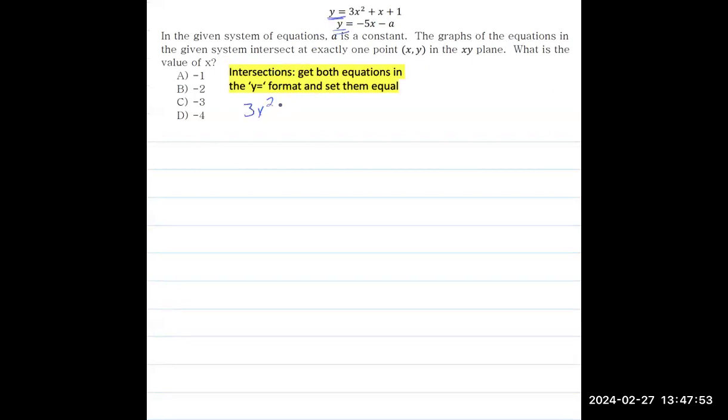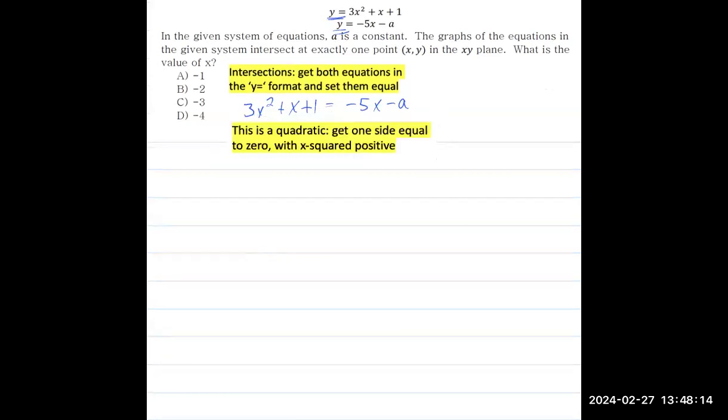So 3x squared plus x plus 1 equals negative 5x minus a. So now we've set them equal, and we're in a quadratic situation because we've got x squared and x. And for quadratics, what you want to do is get one side equal to 0 with x squared being positive.